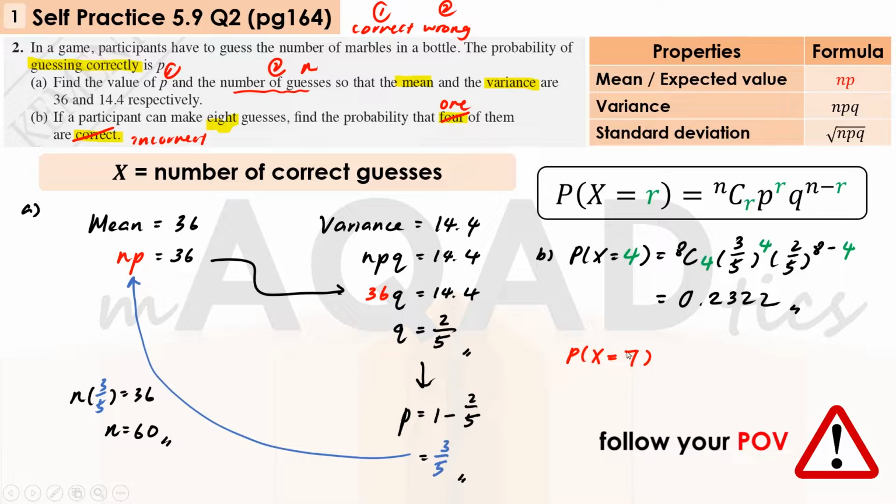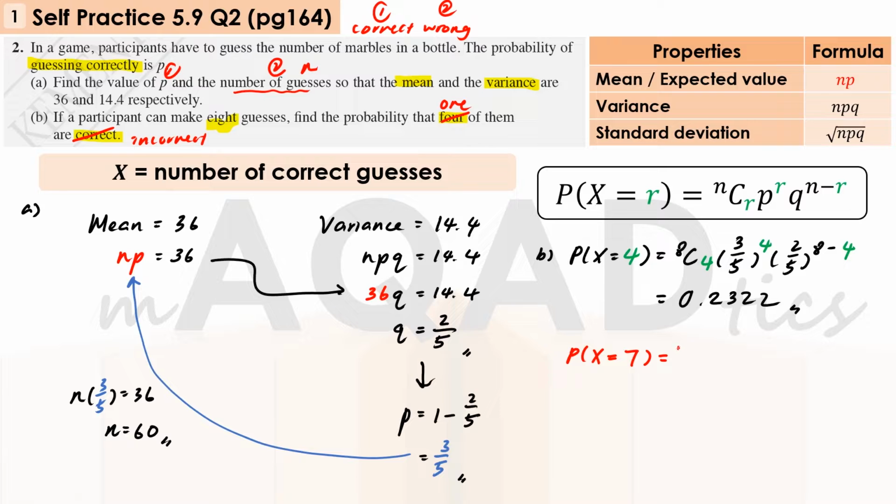That's why here will be 7. So the formula will be 8C7, because we need 7 successes, 3 over 5 probability of success multiplied 7 times. Then the probability of failure, we multiply 1 time, because one of them is incorrect. And then you can just calculate this with a calculator, and you'll get your probability.